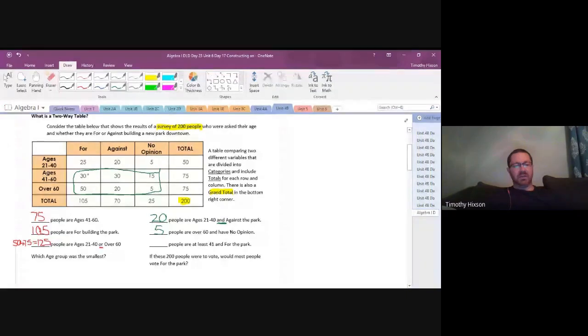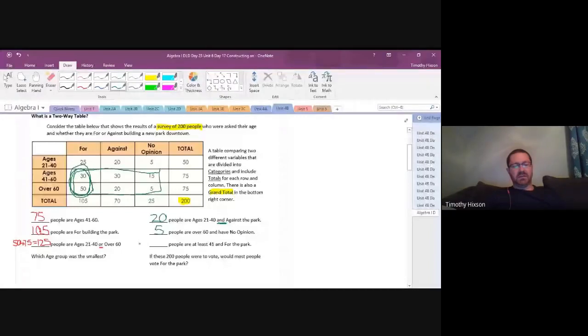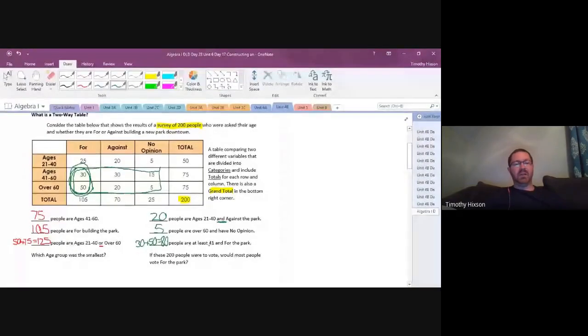So it includes this group of 30 and this group of 50. So that 30 plus 50 gives us 80 people who are at least 41 years old and for having the park built.